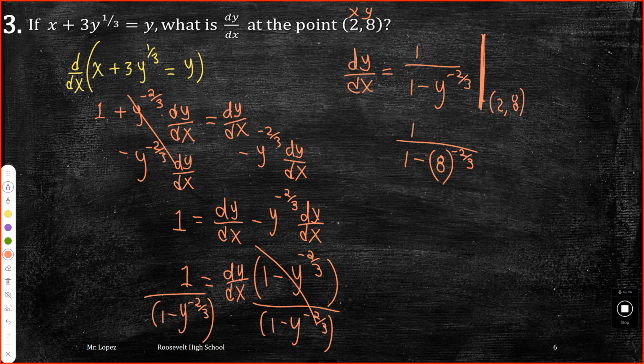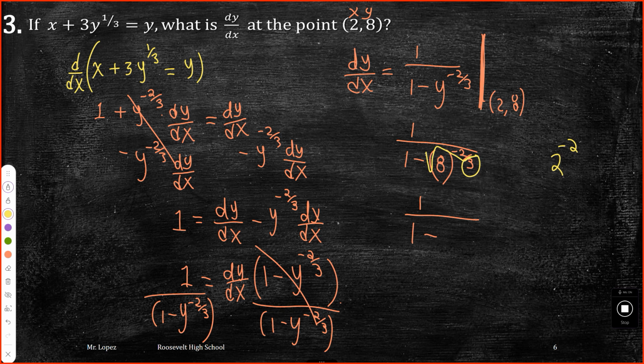All right, so it's going to be 1 over 1 minus. What's the cube root of 8? 2, and then 2 to the negative 2 power is what? 1/4.